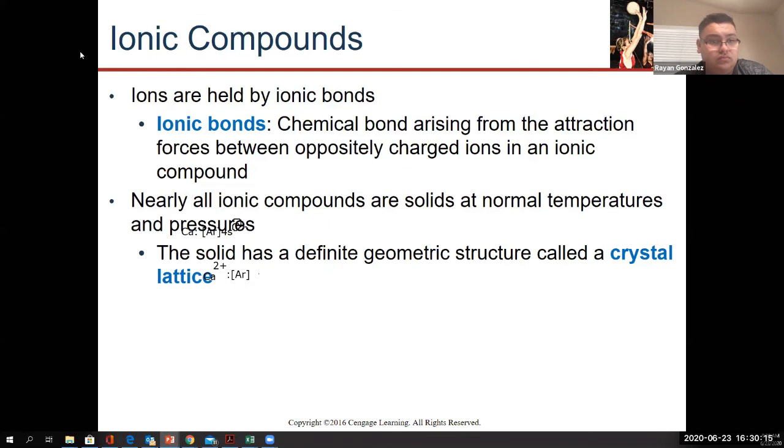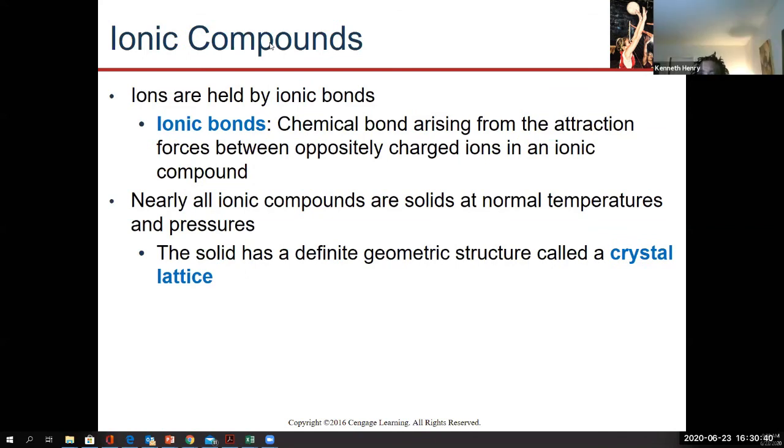Okay, so now we get to talk about ionic compounds, now that you guys understand a little bit about ions. So again, tell me what an ion is. It's a negative or positive charge on an atom.